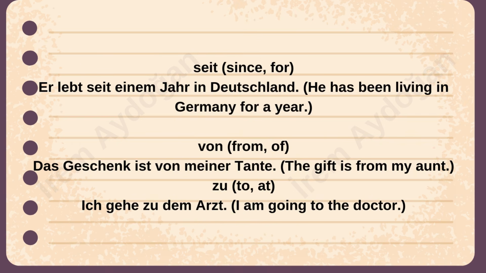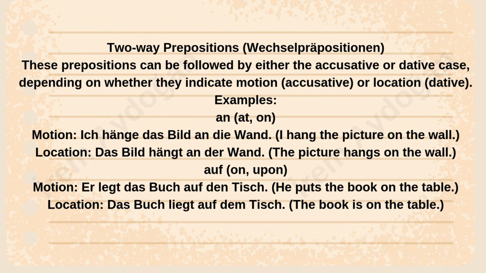And now let's check the two-way prepositions. These prepositions can be followed by either the accusative or dative case, and we call it two-way preposition, depending on whether they indicate motion, accusative, or location, I mean dative.